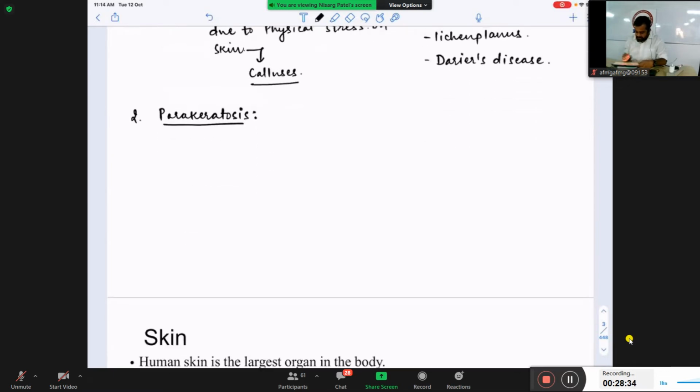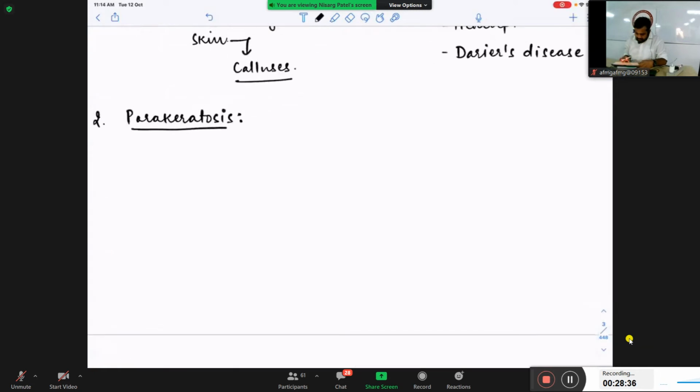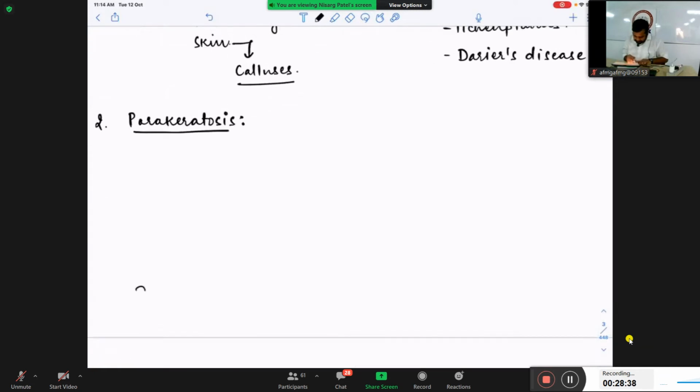The next term is parakeratosis. In parakeratosis, as I told you, my cell is in the basal layer, and from the basal layer, first of all, understand this. This basal layer cell, as I told, when it reaches the uppermost layer, loses its nucleus, right?